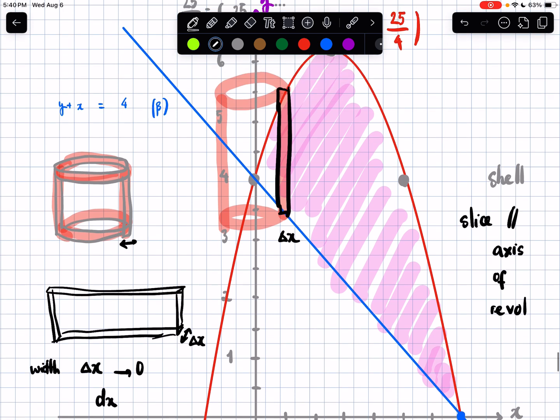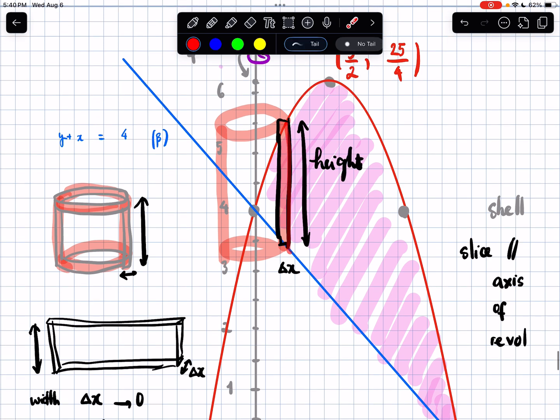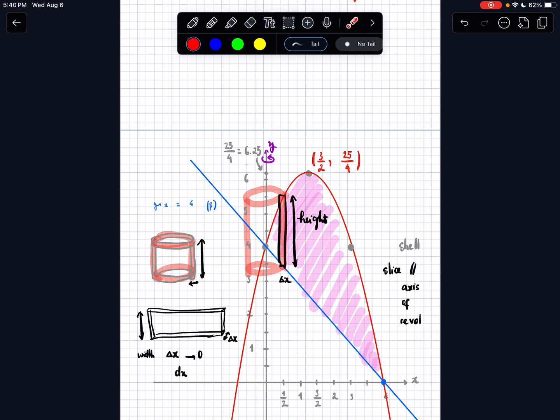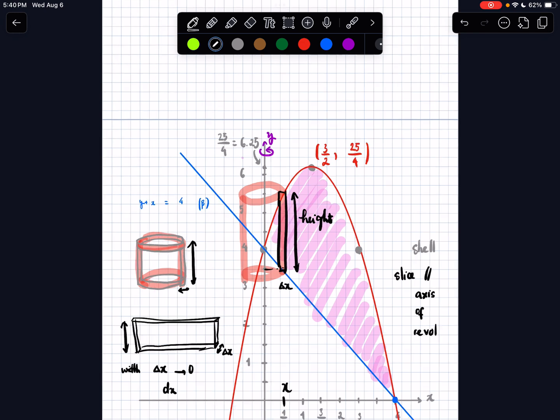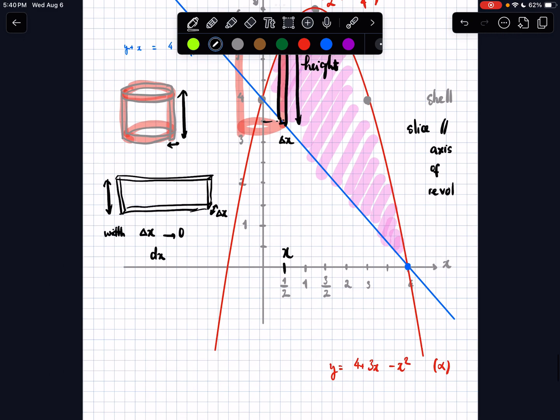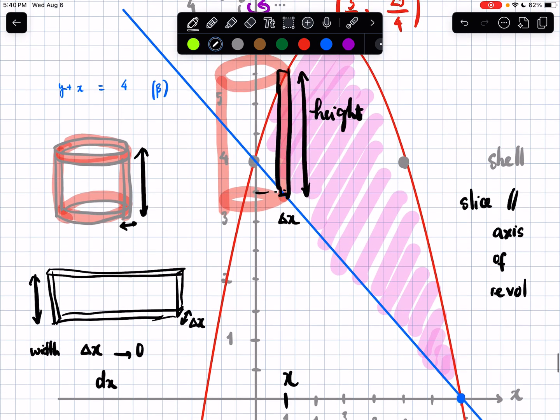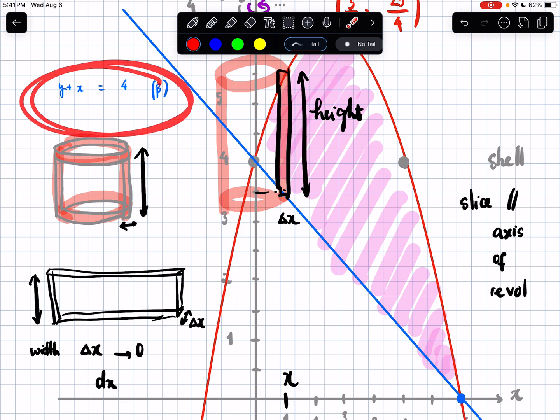The height of the shell, or the height of this rectangle, can be determined from this height. So this is the y coordinate of this point minus this point. So this is this length. For a value x, say this is the blue curve, this is y equal to 4 minus x.